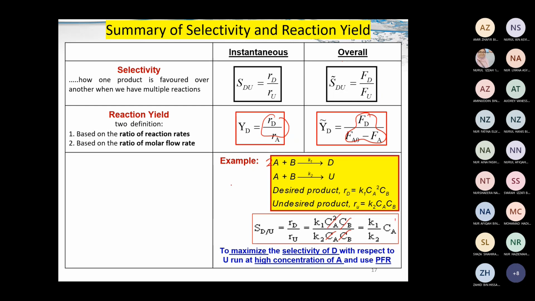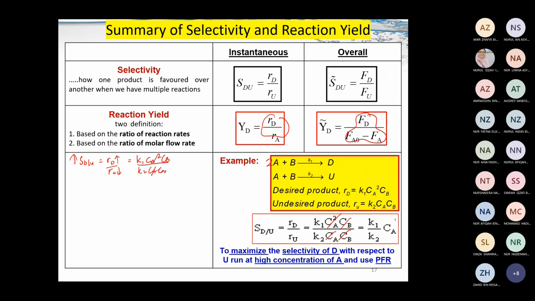Okay, so to maximize the selectivity of D with respect to U, run at high concentration of A and use PFR. Okay, sebab apa? Sekarang ni kita nak get a high selectivity, with high RD and lower RU. So sekarang ni we have K1 CA2 CB over K2 CA CB.